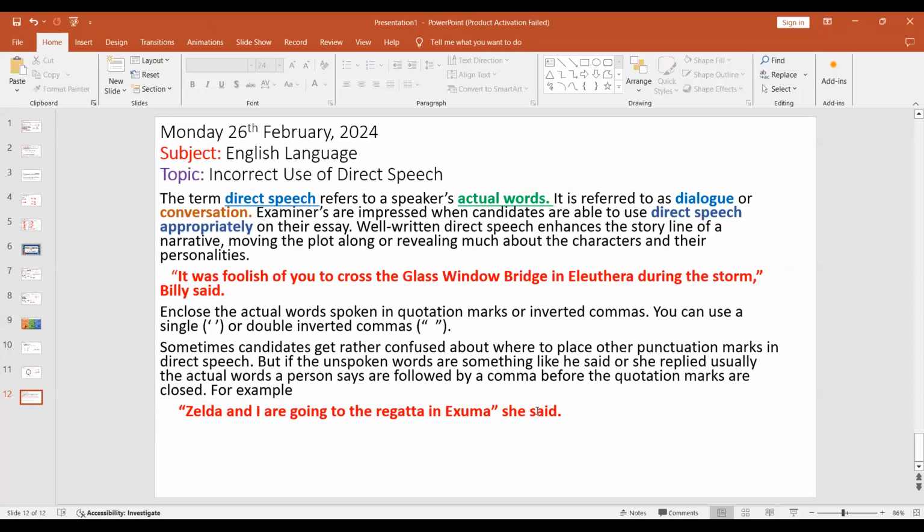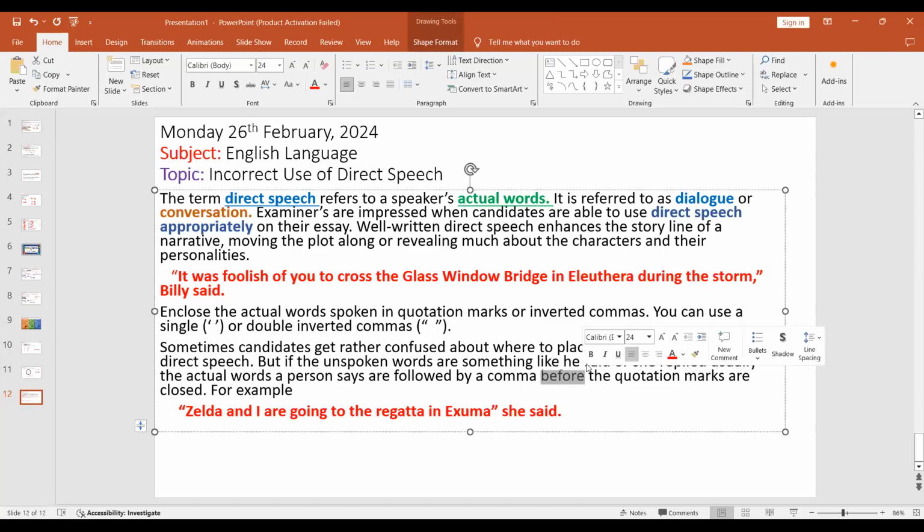What's missing? The comma. Very good. It says, if the unspoken words are something like he said or she replied, usually the actual words a person says are followed by a comma before you close the quotations.